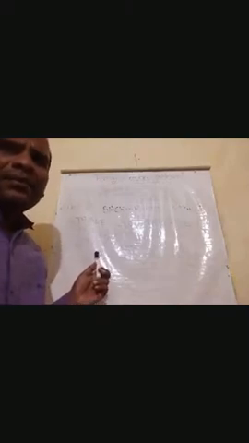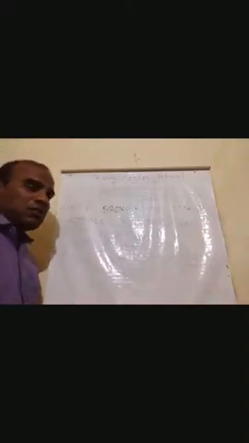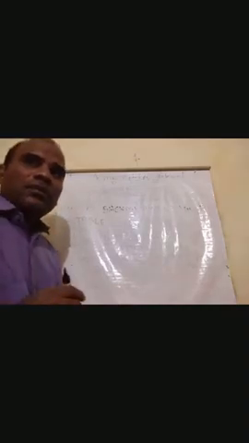And next is the height and width attribute of a table. If you want to give a height and width to a table, then you can easily do it using two attributes, and the names of the attributes are height and width.